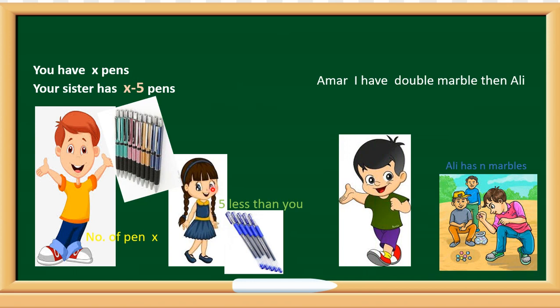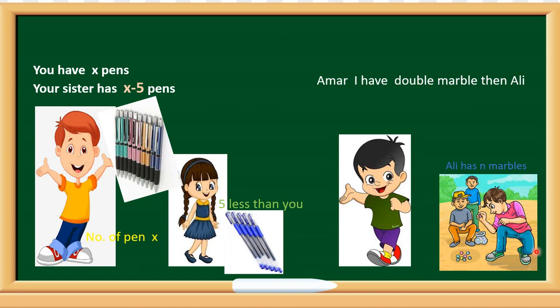Suppose Ali has 10 marbles, then Amar has 10 into 2, 20 marbles. If Ali has 5 marbles, then Amar has 5 into 2, 10 marbles. If Ali has 50 marbles, then Amar has 50 into 2, 100 marbles.